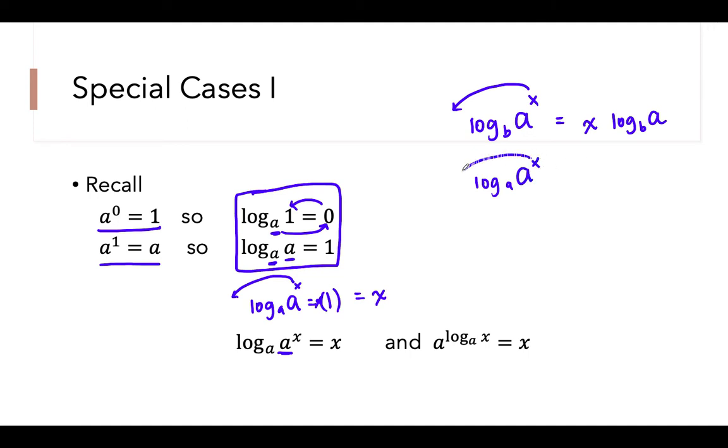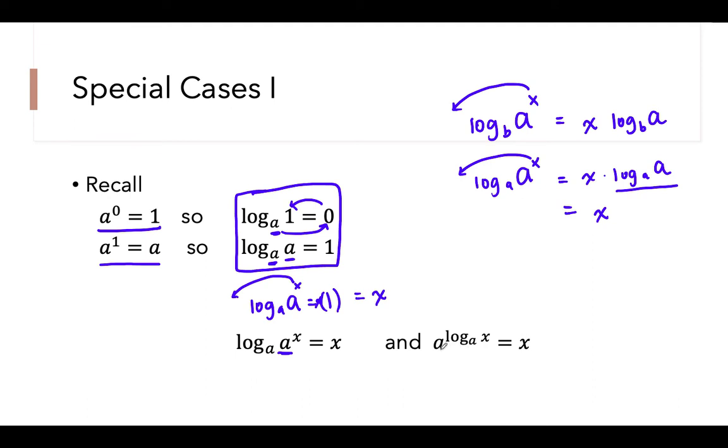I'm going to bring x, the exponent, to the front. So it's x times log base a of a. But we know log base a of a is going to be 1. So therefore, it's x.